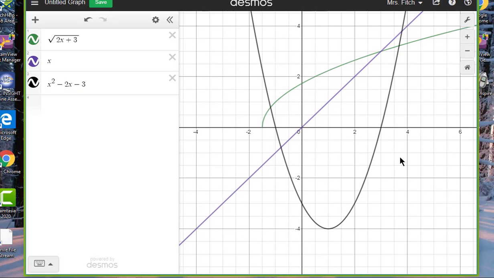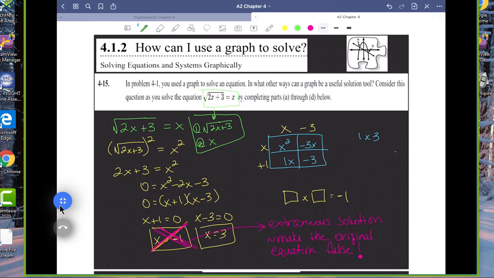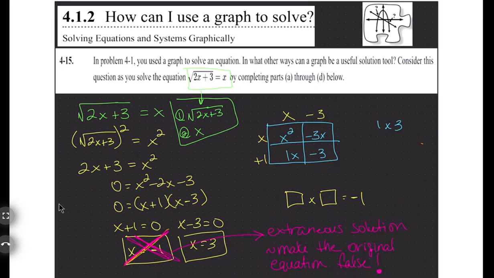And then when it comes to quadratics and you're solving those quadratics, you always look for where they cross the x-axis, right? Because you took both of those functions and you made it into one. So there's where your x equals 3. But then we knew that we couldn't use the negative one, because in the original problem, it makes it false, right? So there's always more than one way to skin a cat. Isn't that crazy? All right.